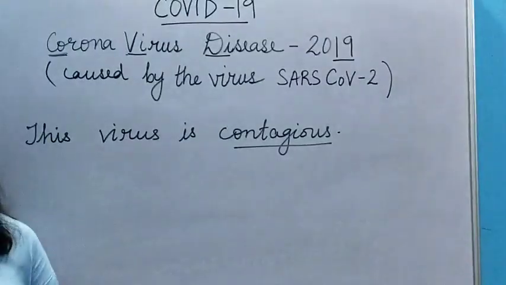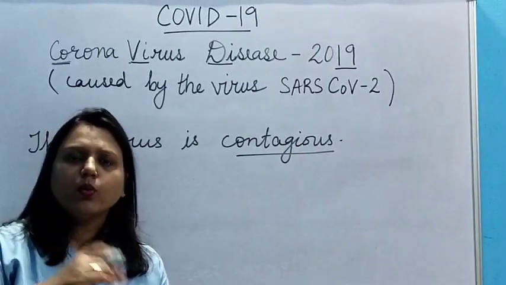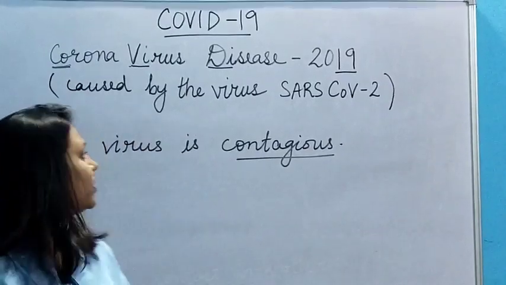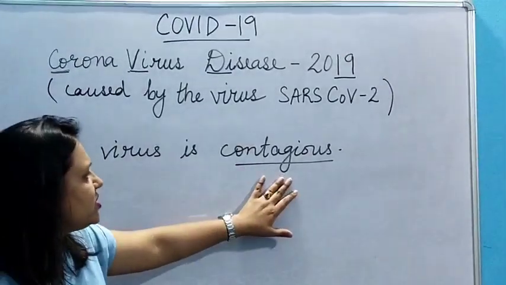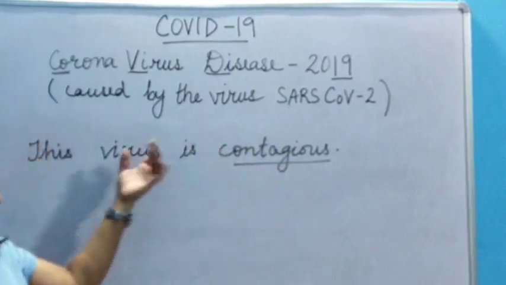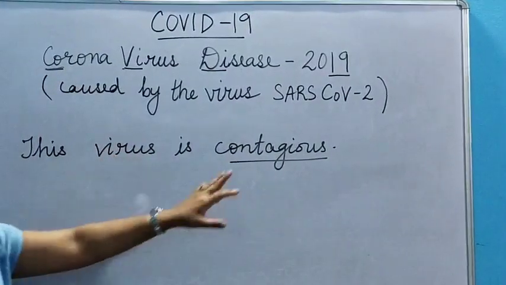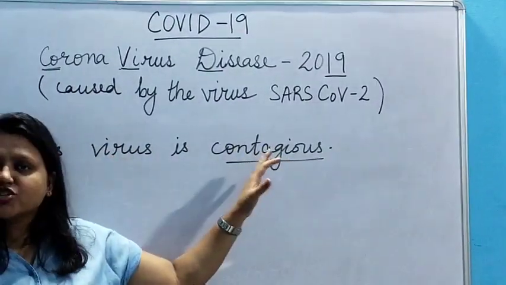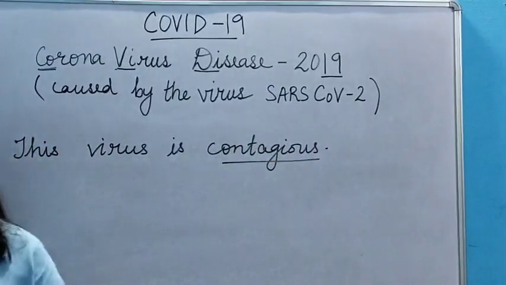Contagious means can be easily transmitted from one person to another. So we have used this word contagious, which is describing the word virus, hence it is acting as an adjective. So this virus is contagious.